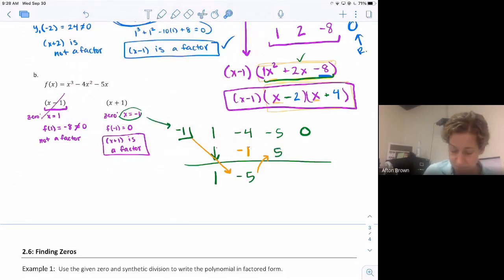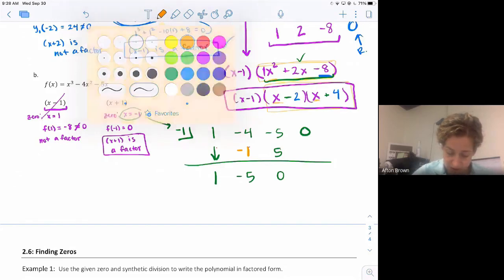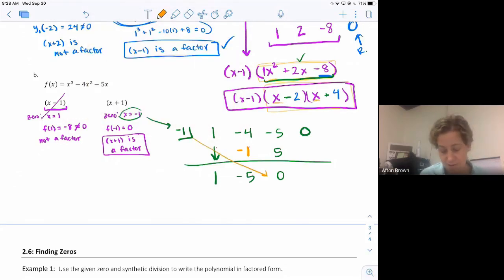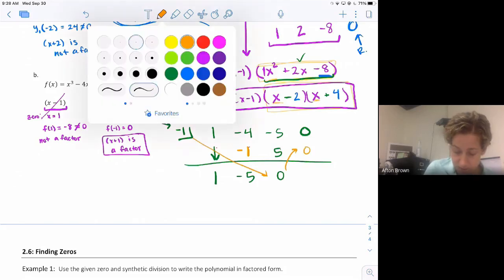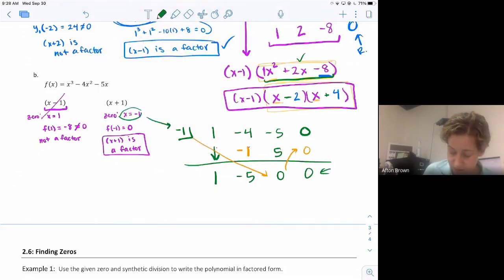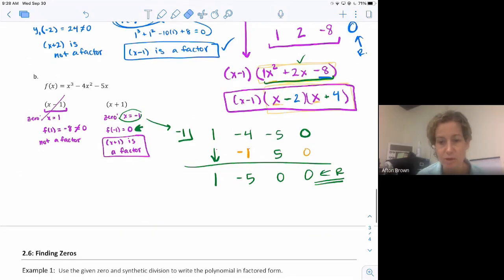And then if we add these two, we get a 0. In this case, I'm going to keep going because I have a number, but we could have stopped. -1 times 0 is 0. And sure enough, what we expected our remainder to be 0 because we got a 0 over here. That's technically called the remainder theorem, but I don't care what we call it as long as we feel good that we've got that.